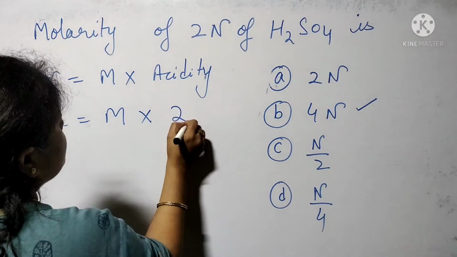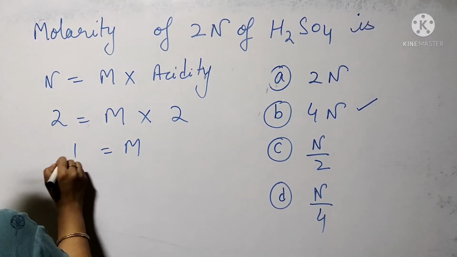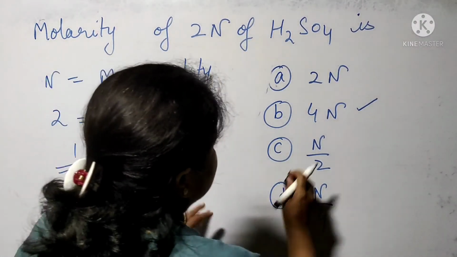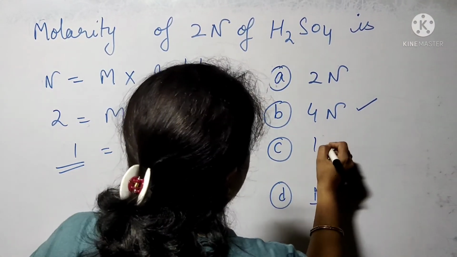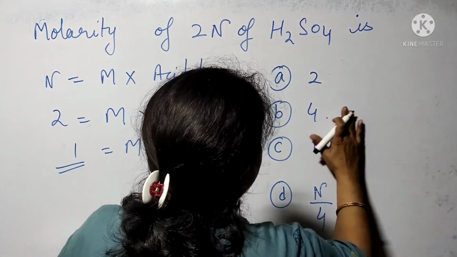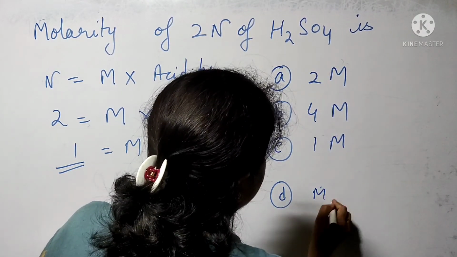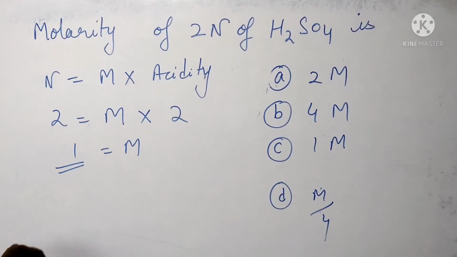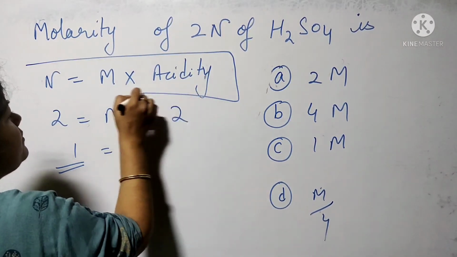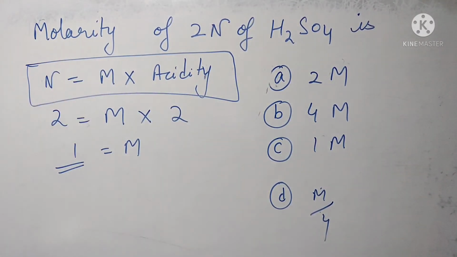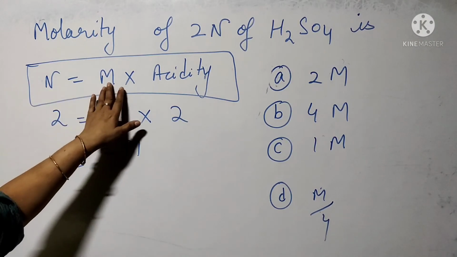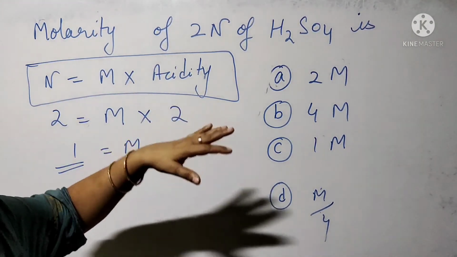Acidity over here is 2, so molarity becomes 1. So our option will be 1 molarity. All the options get changed. So this is the main formula, the main relationship between normality and molarity: normality is equal to molarity into acidity or basicity.